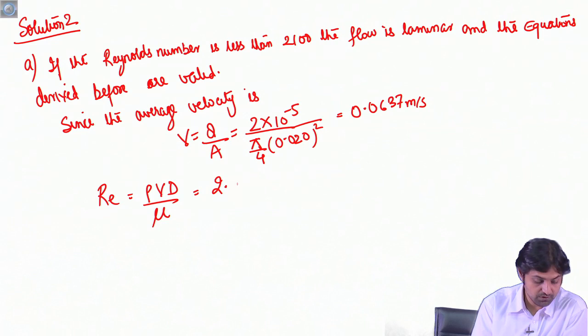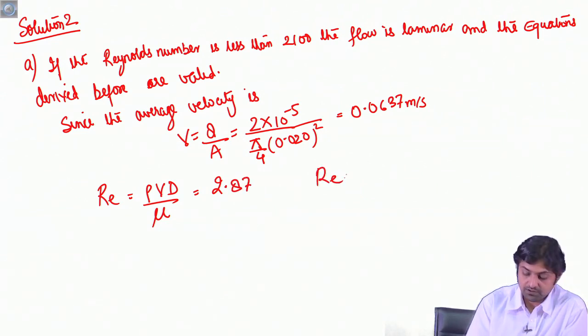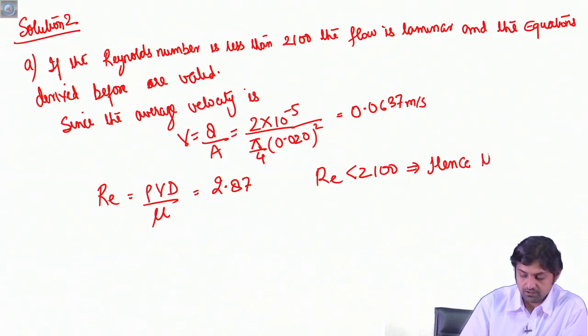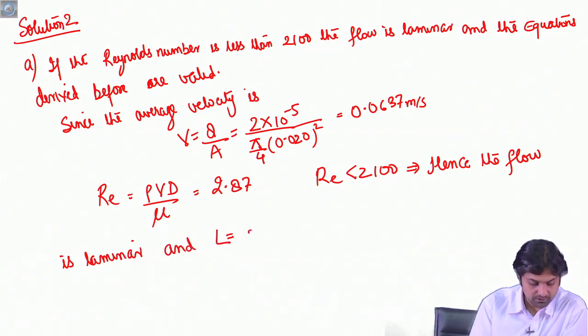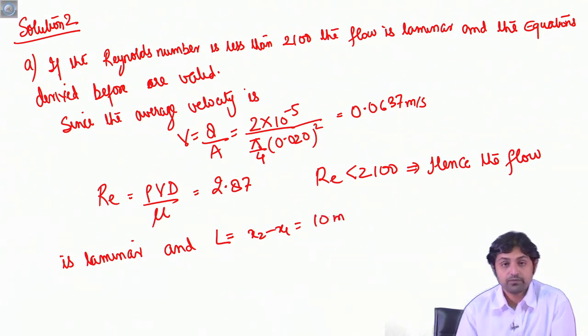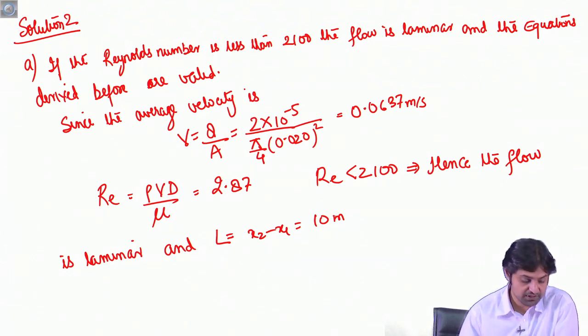With this velocity we get a Reynolds number of 2.87. This Reynolds number is less than 2100, which implies hence the flow is laminar, and L is equal to x2 minus x1 is equal to 10 meter. So first we found the velocity, then checked using the Reynolds number whether it is laminar or not.